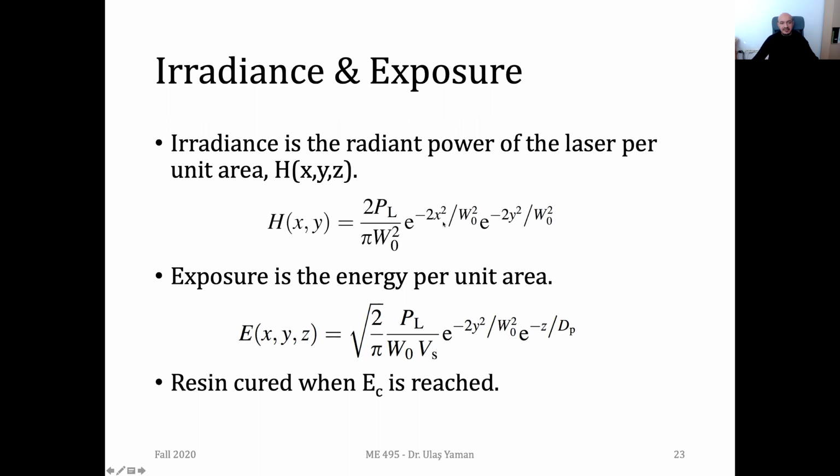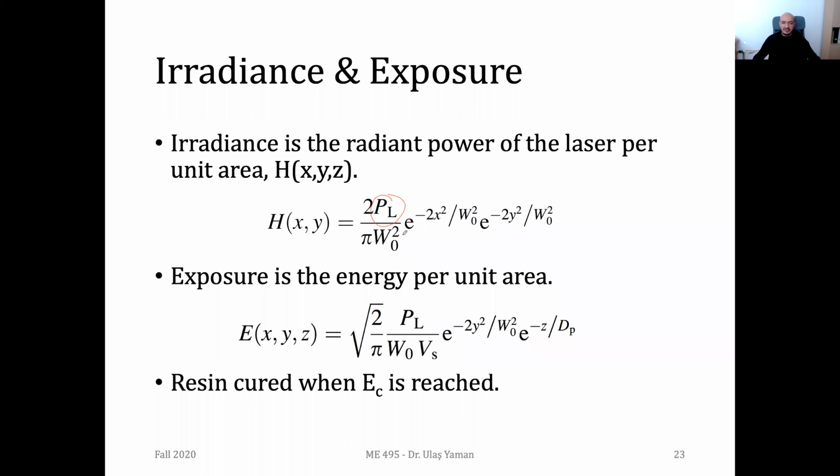The first one is about radiant power, or we can say the irradiance of the laser per unit area. And this is our irradiance equation. If you look here, we have some parameters. First of all, this irradiance depends on the output power, which means that if you use a more powerful laser, then your irradiance will be higher.